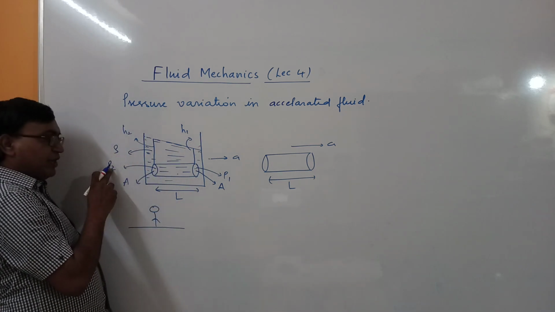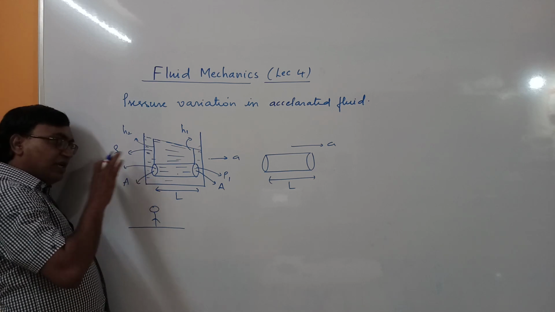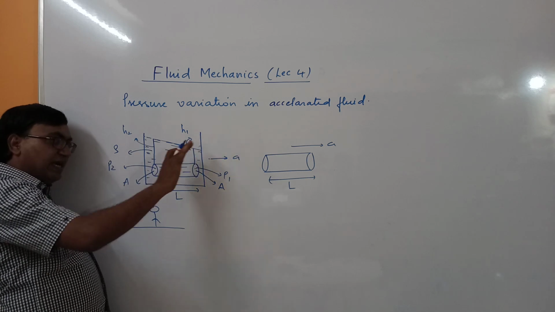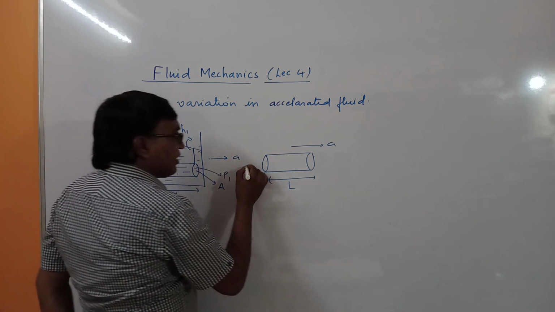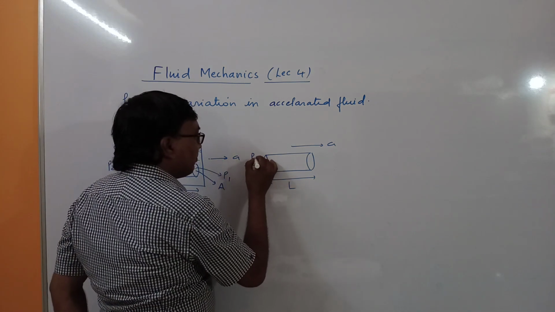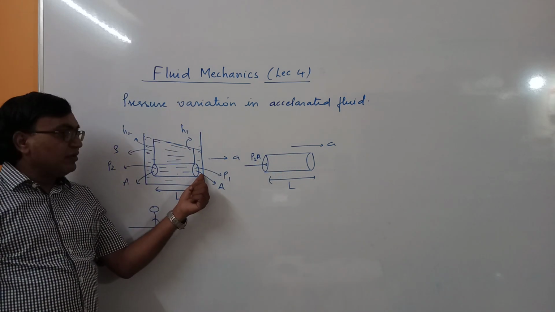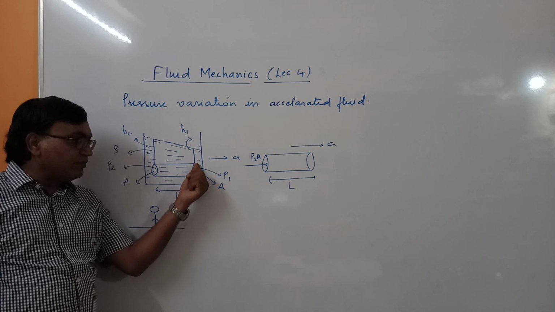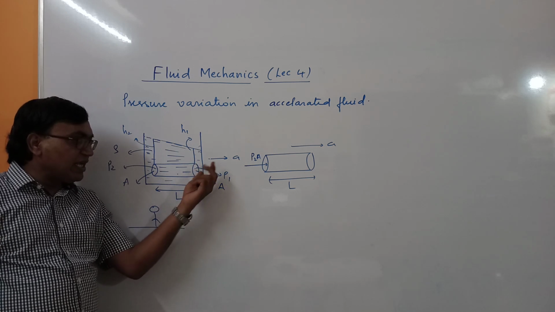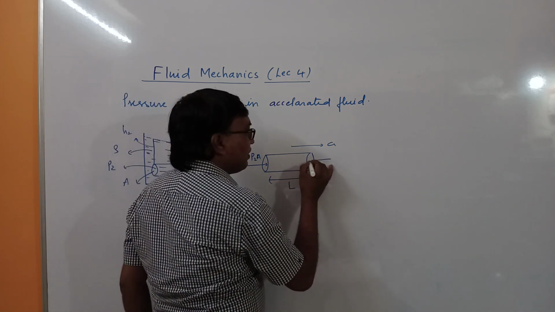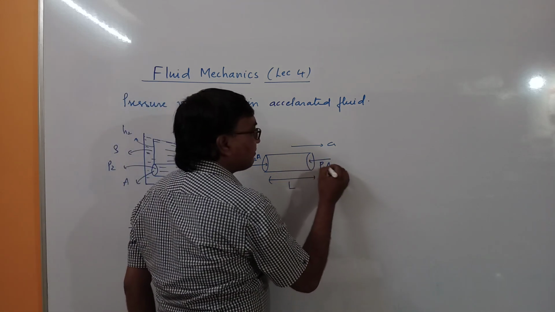So here pressure P2 will apply a force in the horizontal direction, equal to P2 into A. Then the pressure at this point will act on this cross-sectional area in this direction, so that force will be equal to P1A.